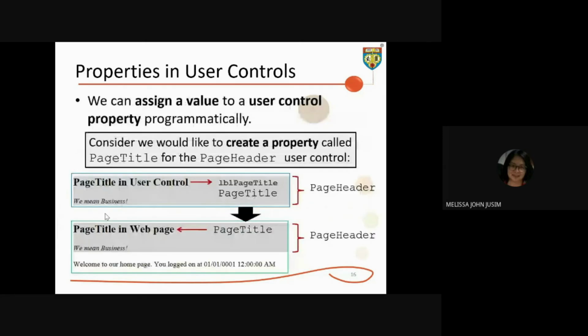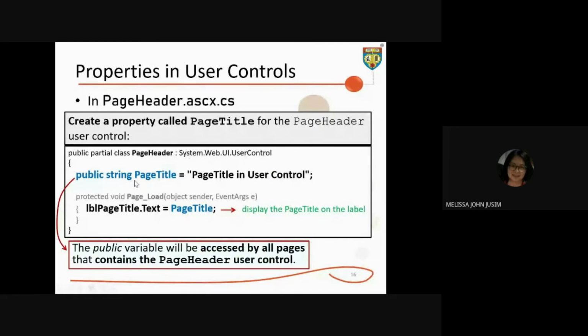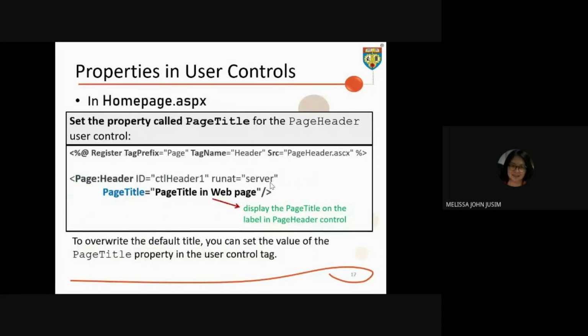Now, what if, depending on certain logic, you don't want to show the default string "page title in user control", because when you declare this public variable, you set the value. Can we do something about this to change the value? Yes, you can do that. That is shown in this particular slide.